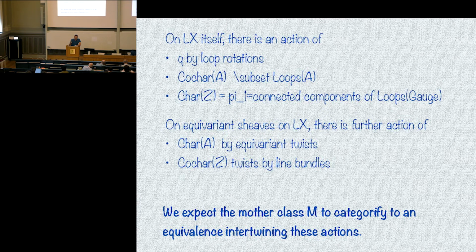But the loop rotation, what does the loop rotation variable give in this category? I mean, what? I'm not sure I understand. I mean, there's an action. Right. What does this variable mean for you then? Well, it's literally loop rotation.